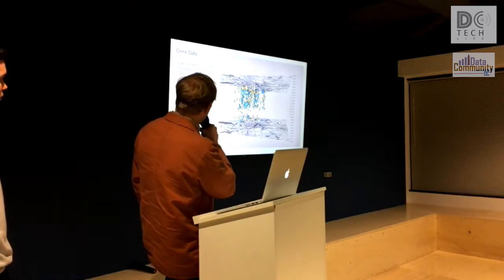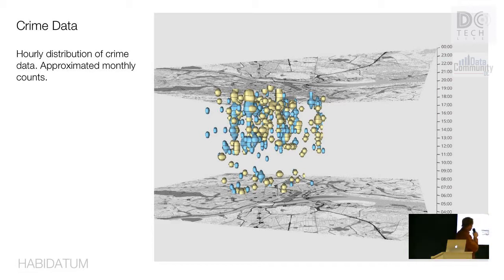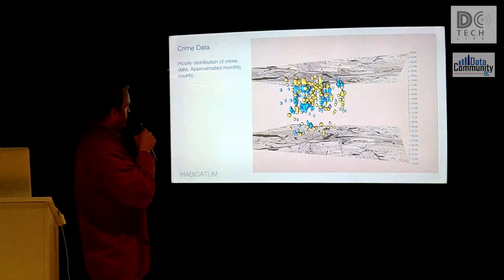On this image, we're looking at the 24-hour distribution, which we were surprised about. A lot of cities don't have data this granular on crime. London, for example, is aggregated to the month. So this was interesting to see.